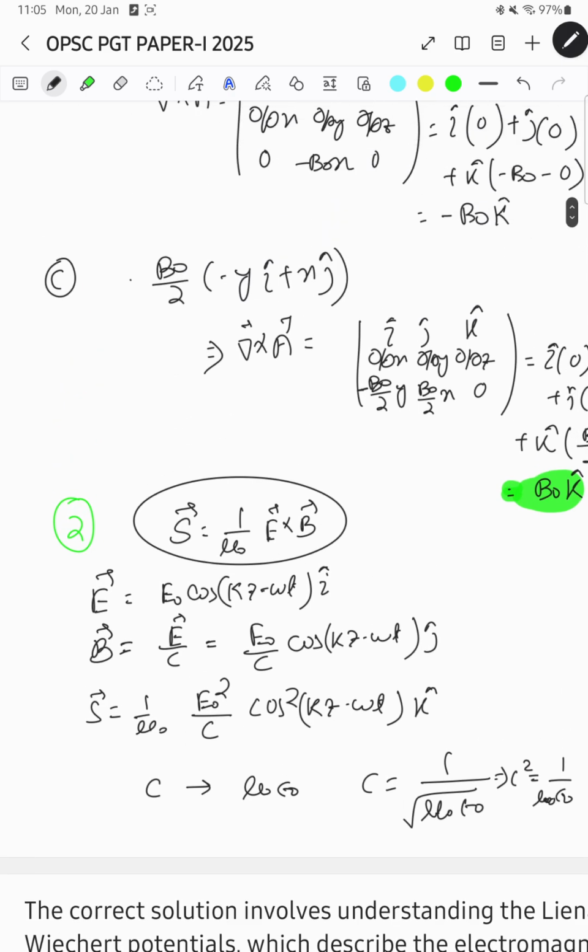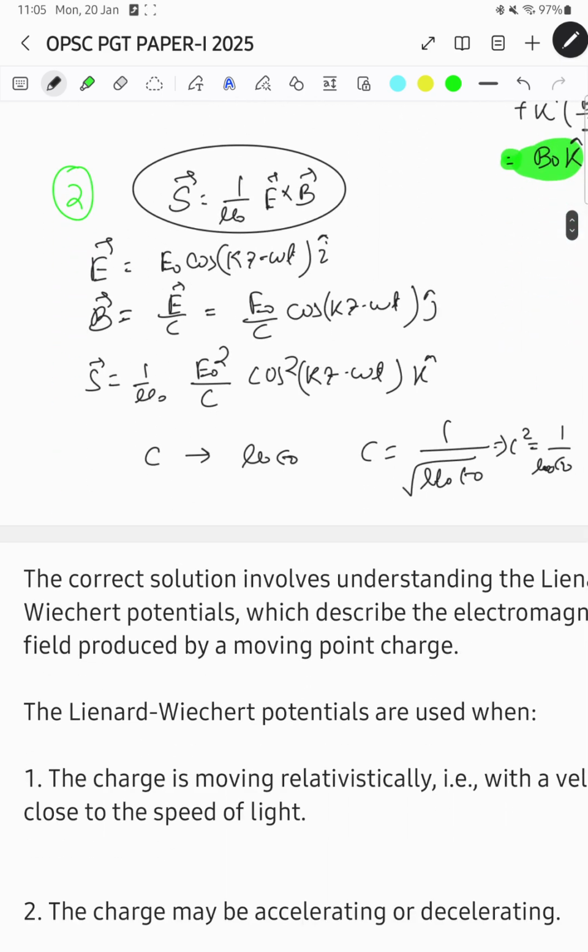So I can substitute here and get the answer as 1 by mu naught C. And 1 by mu naught C you can write as C epsilon naught E0 square cos square(kz minus omega t) k cap.